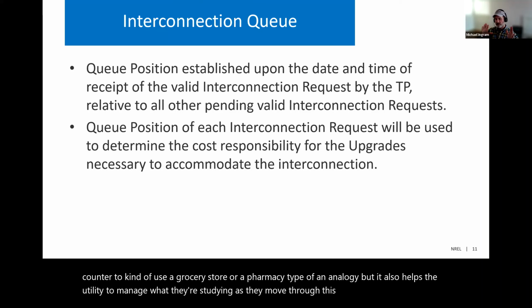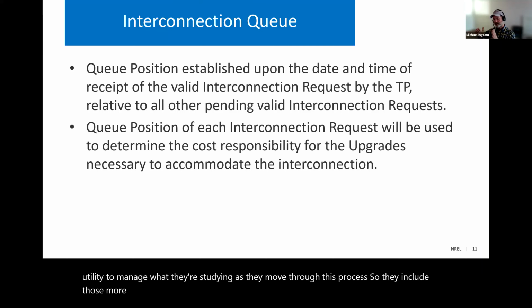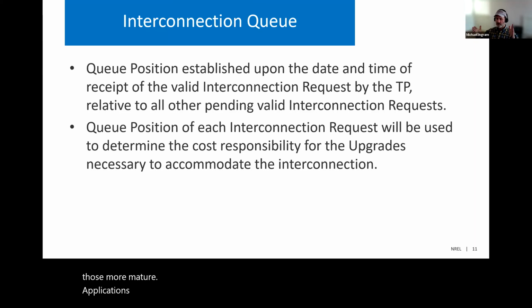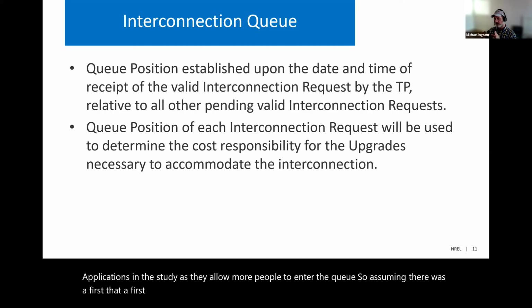So they include those more mature applications in the study as they allow more people to enter the queue. So assuming there was a first applicant, that first applicant would have a fresh utility system for their interconnection.